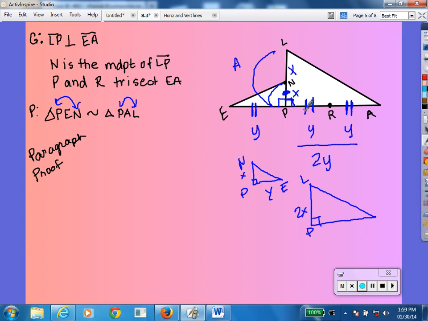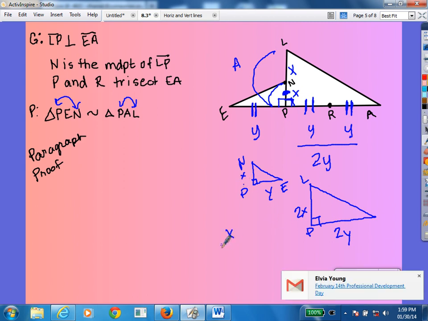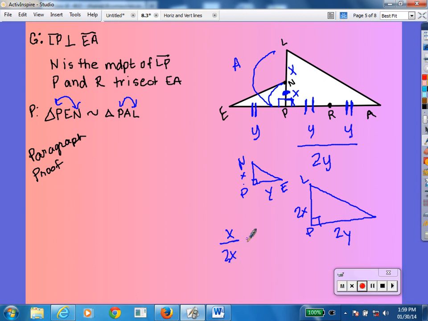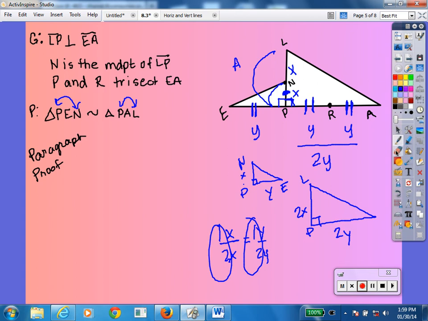There's your right angle, and this was 2 Y's put together. So you can see, even though we don't know the numbers, we can prove that X over 2X is equal to Y over 2Y. Well, it's 1/2 to 1/2. So there's our similarity, or our equal ratios.